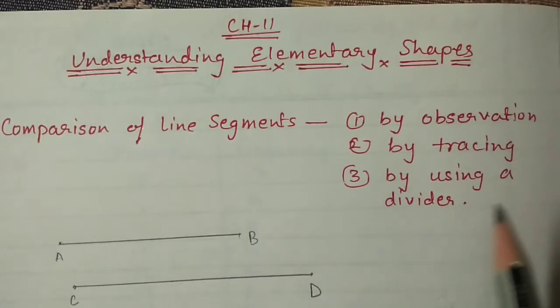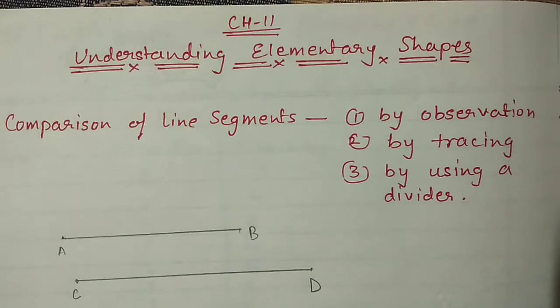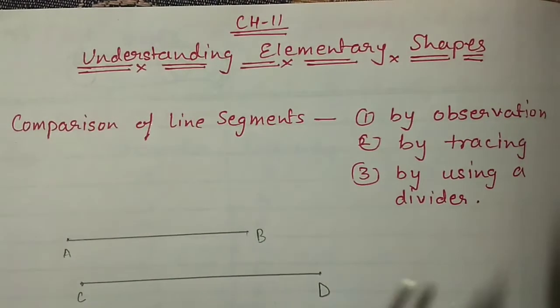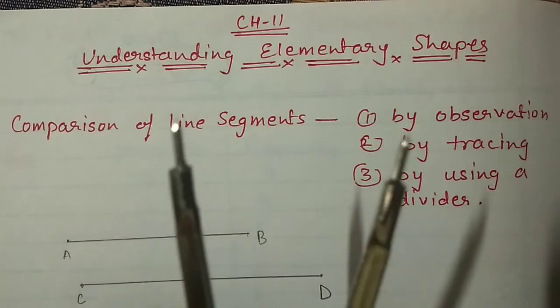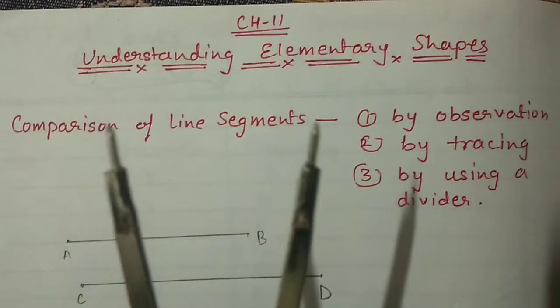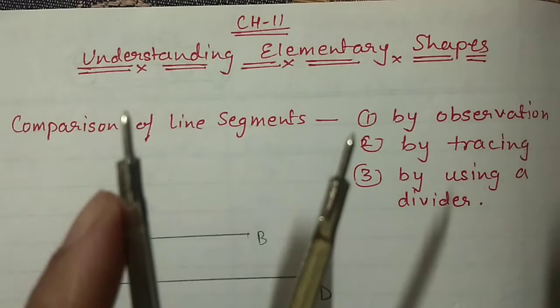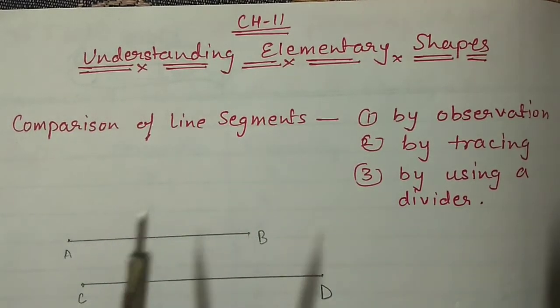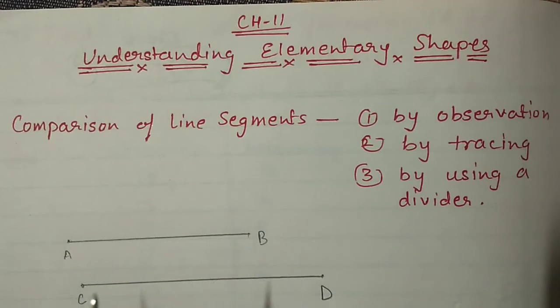Third is by using a divider. What is a divider? In your geometry box you will get this type of instrument. This is a divider. When one side has a pencil, that is a compass, and this we will call a divider. With the help of a divider also we can compare two line segments.